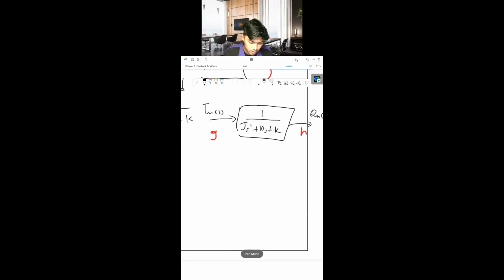Now we're going to draw the block diagram: s K_T, from delta_M(s) to the tachometer V_T(s). We label it with H and I.